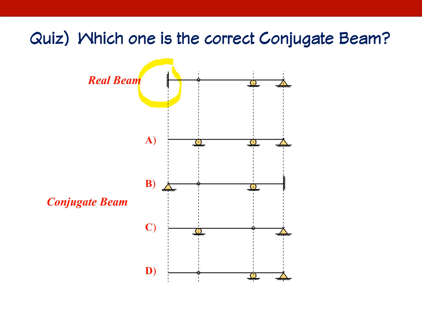Fixed end must be free end. Free end, free end, free end. So B is ruled out. Internal hinge will be internal roller support. And internal roller support will be internal pin. So my answer is C.